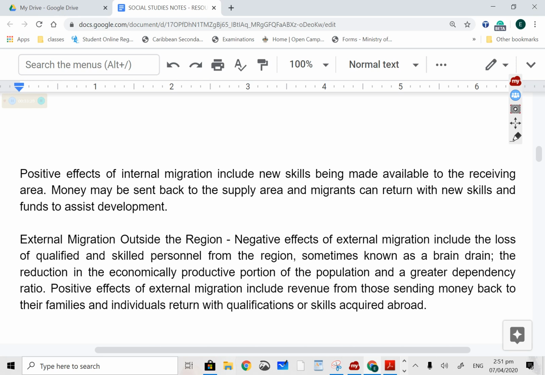If people return from UK, Canada, etc., they also return with new skills that they can utilize in the Caribbean country as well. So there are the negative aspects and the positive aspects.